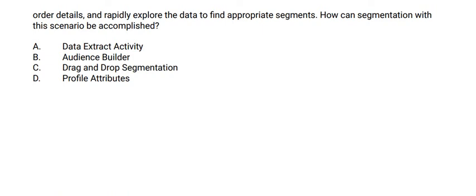Options are option A, data extract activity, option B, audience builder, option C, drag and drop segmentation, and option D, profile attributes. The correct option is option C.